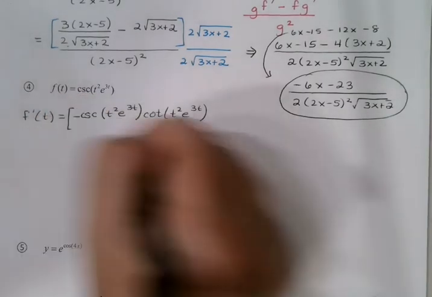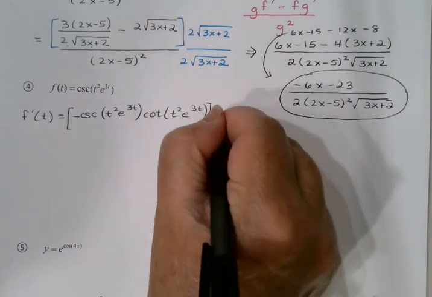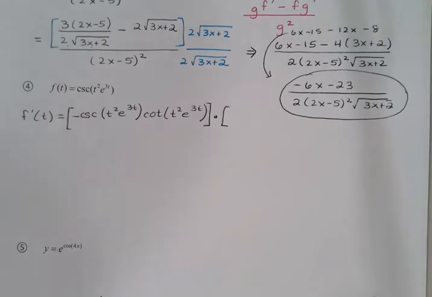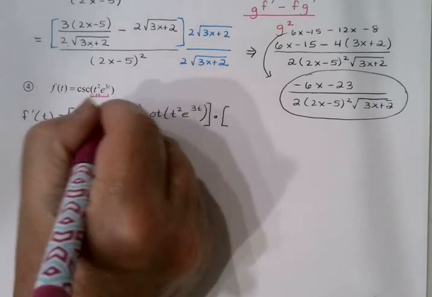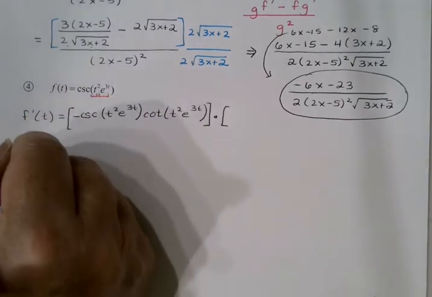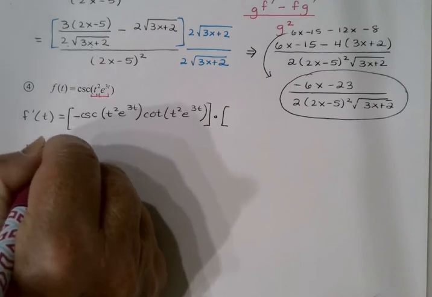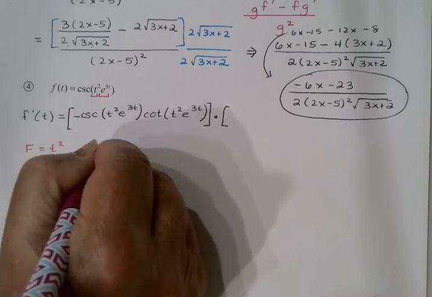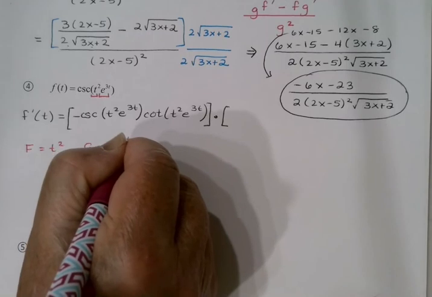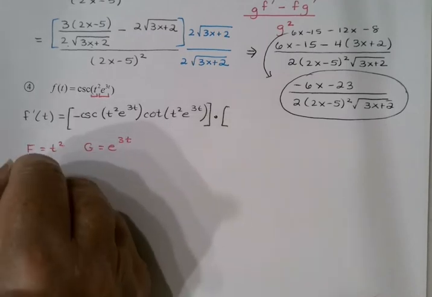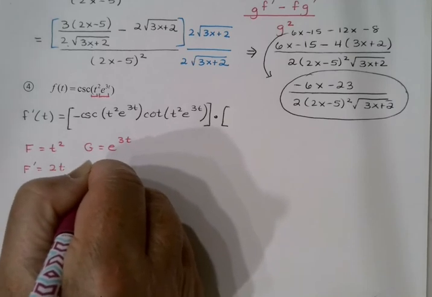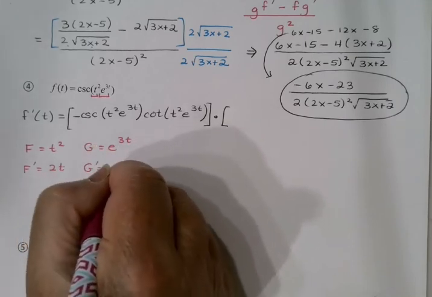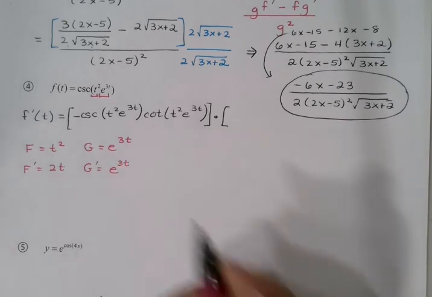Now I'm going to have to multiply this by a product rule, right? The product rule represents the derivative of this inner function. So f would be t squared, and g would be e to the 3t, giving me an f prime of 2t, and a g prime of still e to the 3t.